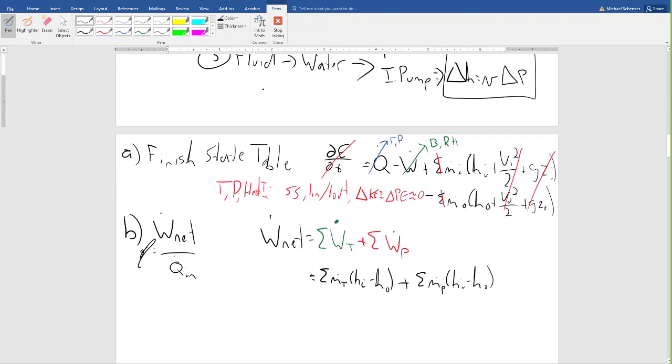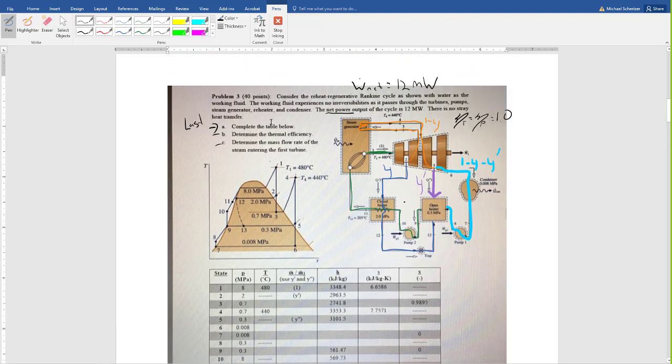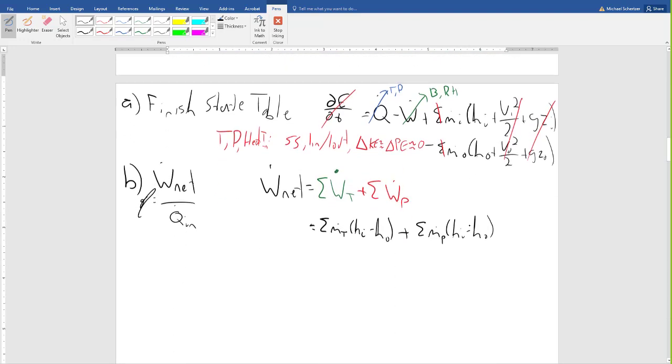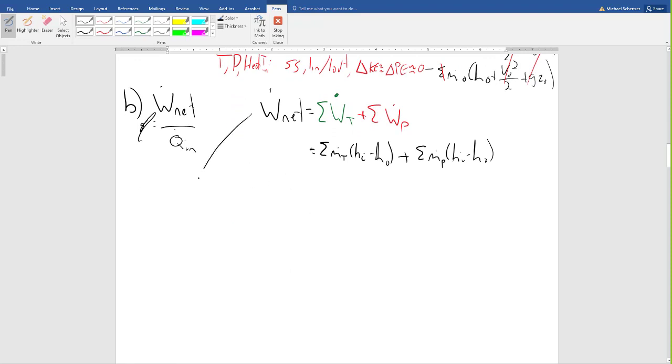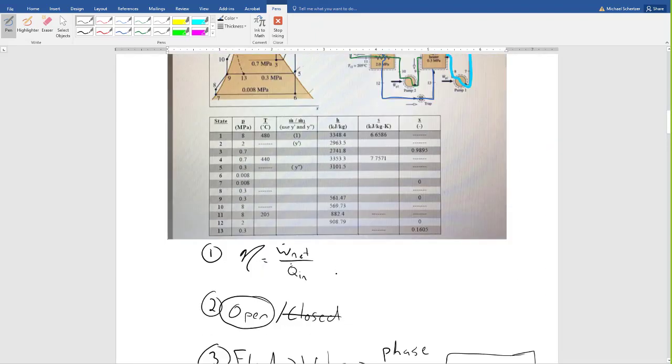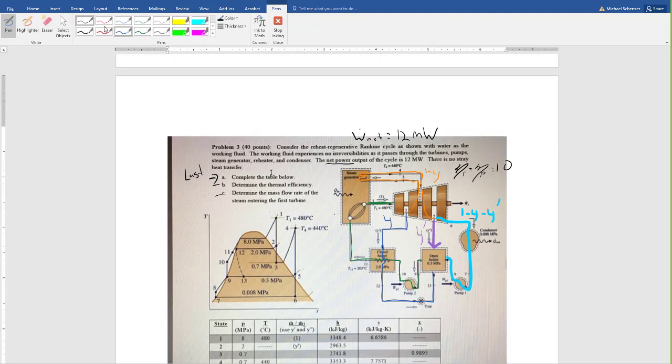So we know we have 4 different turbines and how many pumps? 2 different pumps. Right? So this is definitely going to be more extensive than if this was just a 2-component or a 4-component Rankine cycle. So this is going to be m dot of turbine 1 times, this is probably H1 minus H2. I'm going to steal this picture over here.